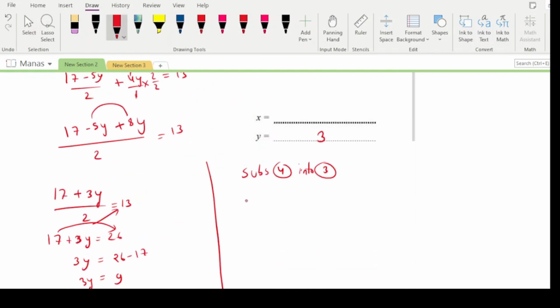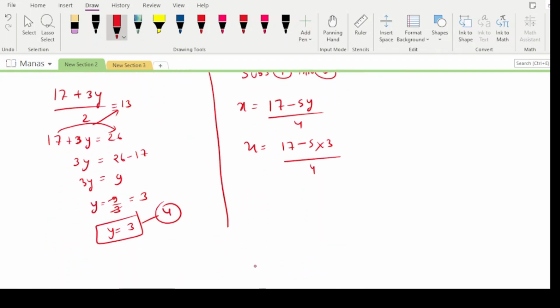So x equals 17 minus 5y upon 4. So x will be equal to 17 minus 5 into, what is the value of y? 3, so we write 3, upon 4. So what will you get? x equals 17 minus 15 upon 4, so this becomes 2 upon 4.